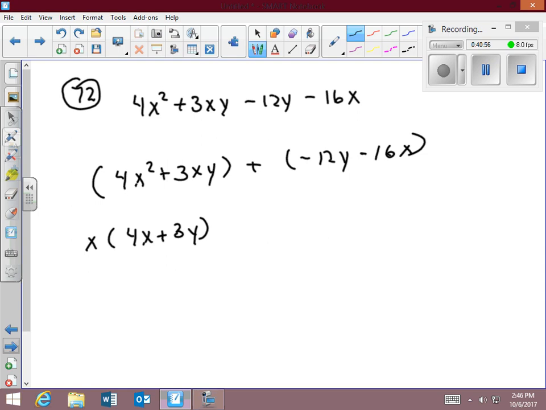So, if you look at this and you look at this, what are you going to have to take out? Well, if you don't know, you try and factor this. This is 2 squared times 3, right?